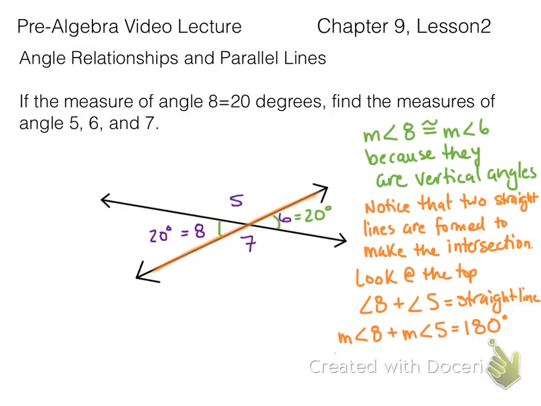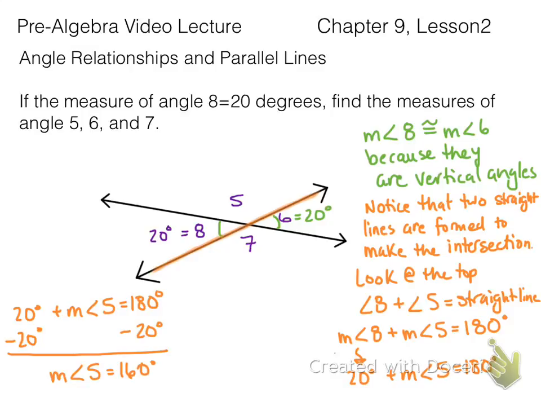So if the measure of angle 8 is 20 degrees and we add the measure of angle 5, we get 180 degrees. If I subtract 20 on both sides, I get the measure of angle 5 on its own, which is 120 degrees. So we know the measure of angle 5 is 120 degrees because if I add up this angle and this angle, I get this straight line.